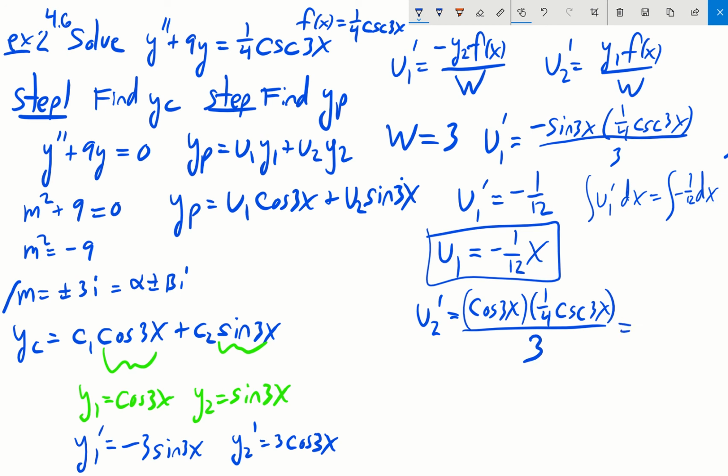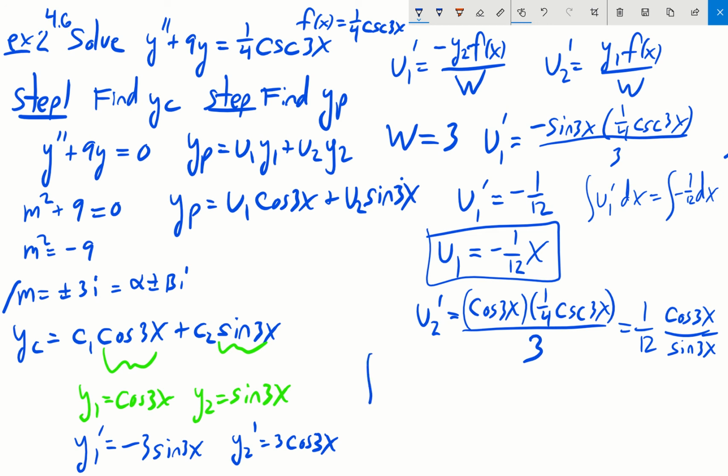The 1/4 divided by 3 will again give us 1/12, and it might be helpful to think of the cosecant as 1 over the sine. And so we end up getting 1/12 cosine 3x over sine 3x, which you could even change into cotangent if you wanted to. But if you're doing the integration by hand, which we're about to do, you actually would want to leave it like this because it would be like a u substitution.